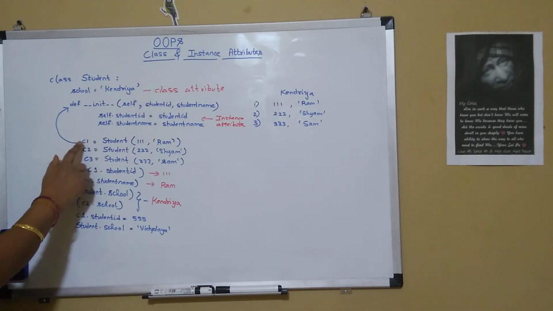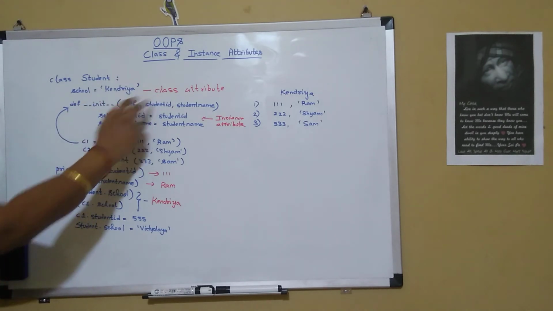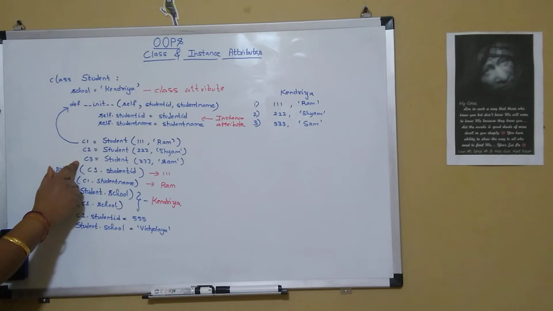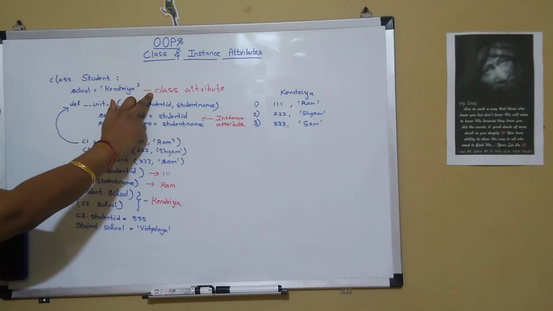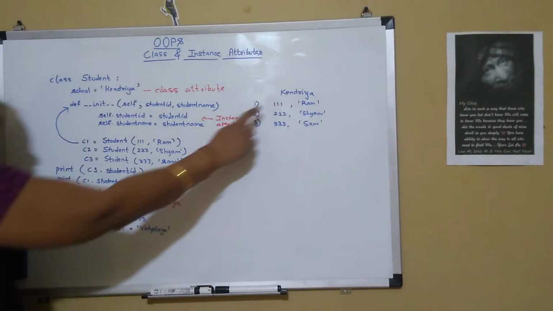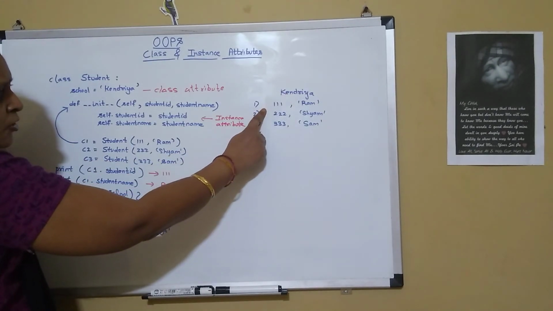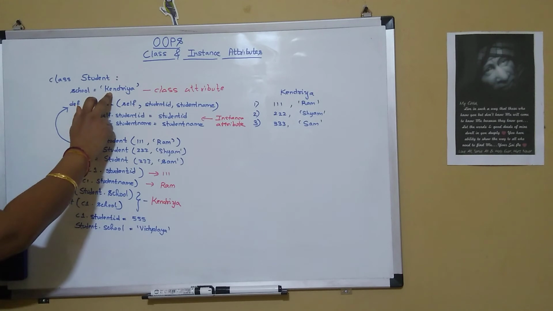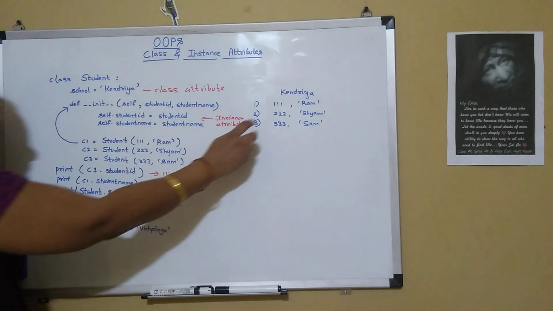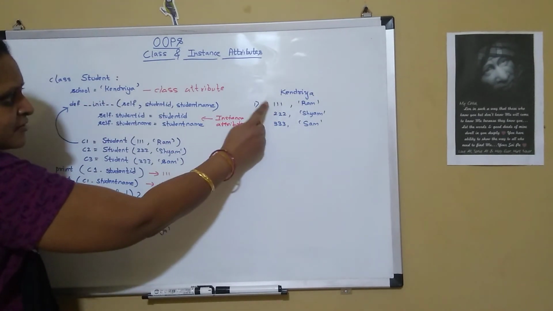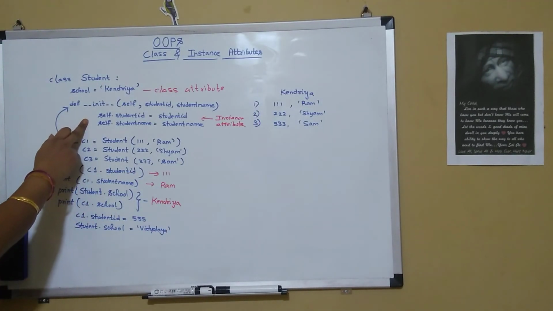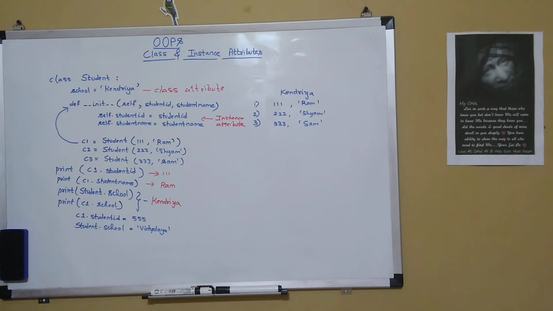When the item is the same for all the objects, then we define it as a class attribute. Here the school is the same for all three students, so for school we have gone in for a class attribute, and instance attributes are different for each student, so we have gone in for instance attributes in that scenario.